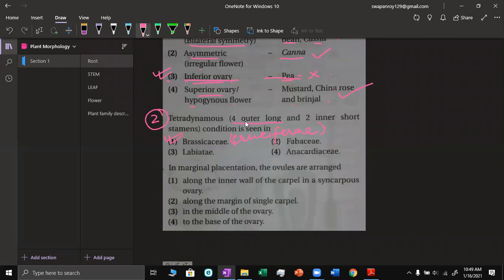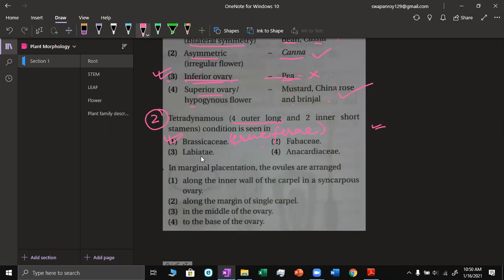In the question, the options may be the family name or the plant name, so you have to be ready with both. It may be given as mustard, cabbage, or cauliflower, which belong to this tetradynamous condition.